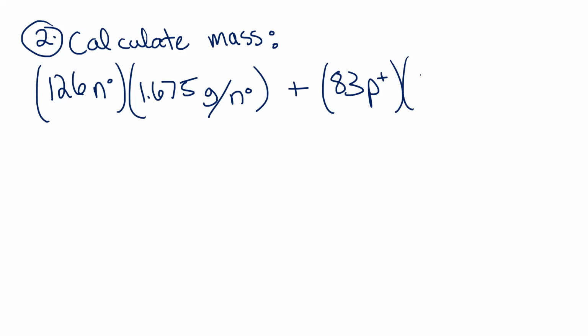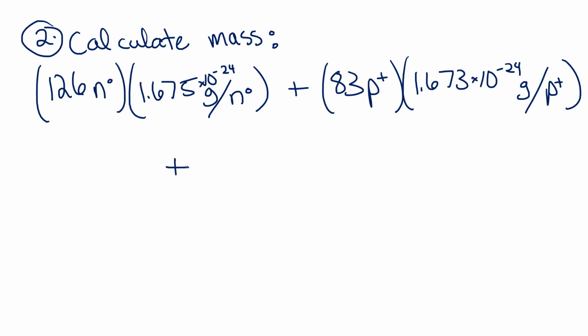Multiply that by the mass of a proton, which we said was 1.673, times 10 to the minus 24 grams per proton. Can't forget that part.